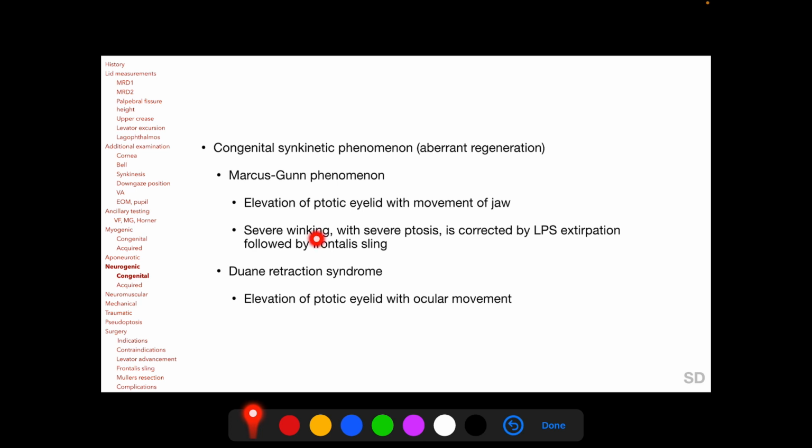Severe winking with severe ptosis in Marcus-Gunn phenomenon can be corrected by LPS extirpation followed by Frontalis sling procedure. Congenital neurogenic ptosis may also be found in Duane's retraction syndrome with elevation of the ptotic eyelid with movement of the eye.